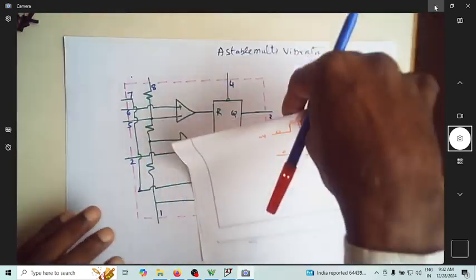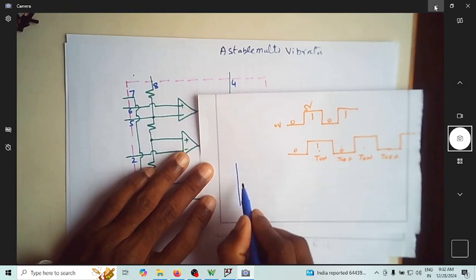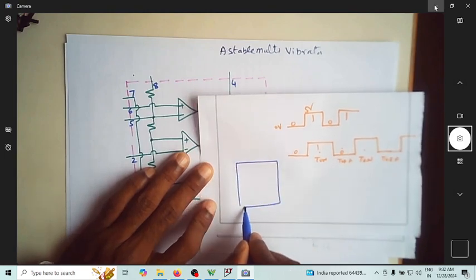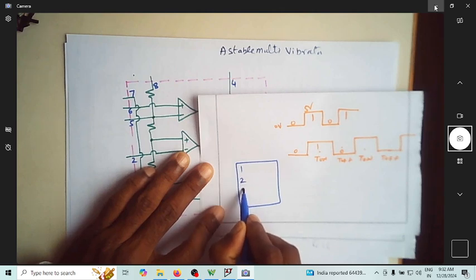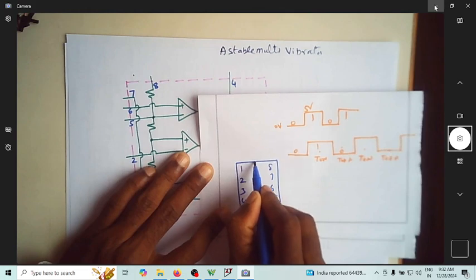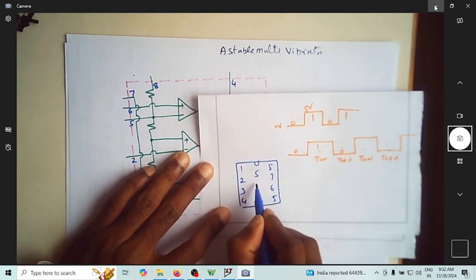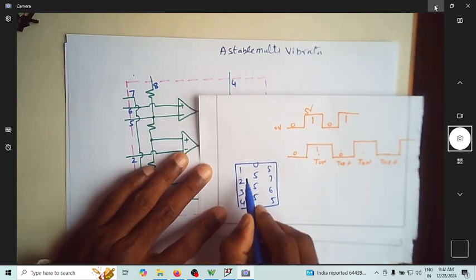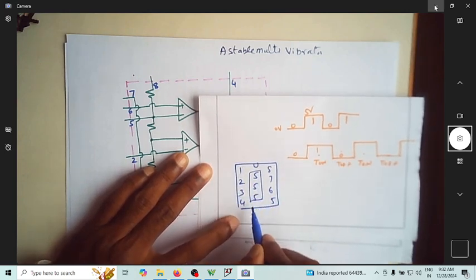So we have these 8 pins of the 555 timer, pin number 1, 2, 3, 4, 5, 6, 7, 8. This 555 IC is available in the market as LM555.